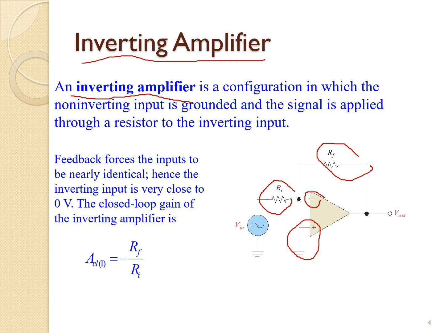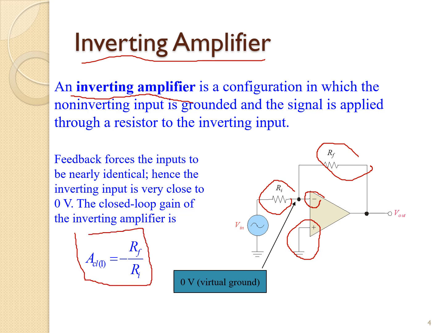Feedback forces the inputs to be nearly identical, hence the inverting input is very close to 0 volts. The closed-loop gain of the inverting amplifier, ACL inverting, is equal to negative Rf over Ri.